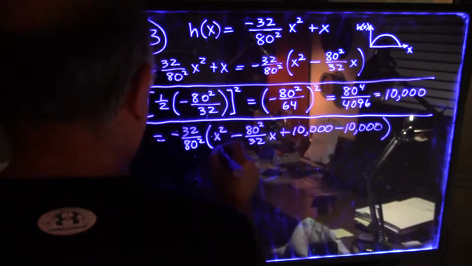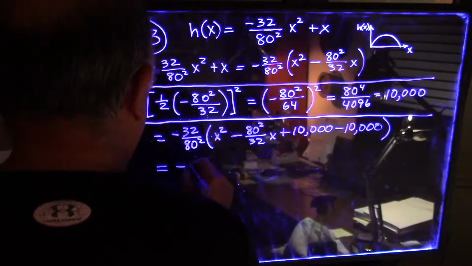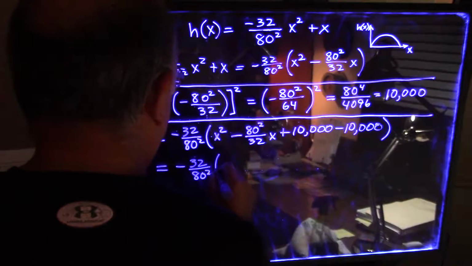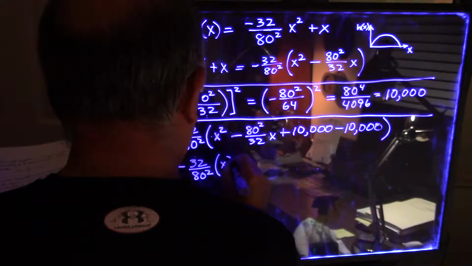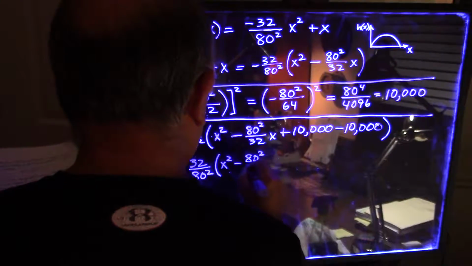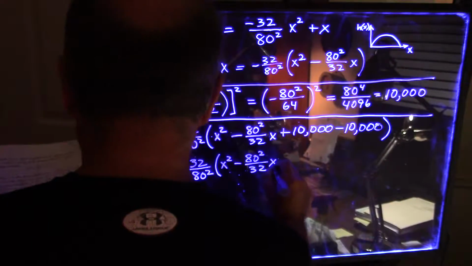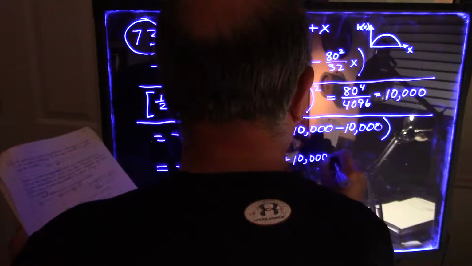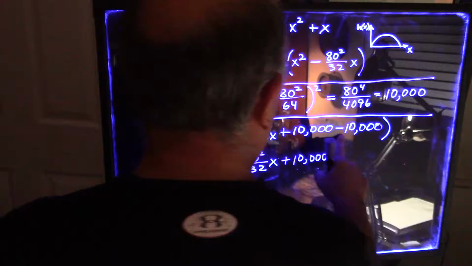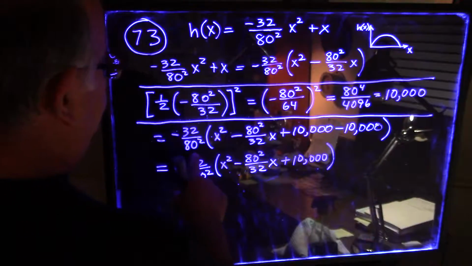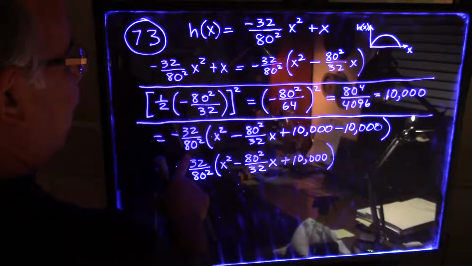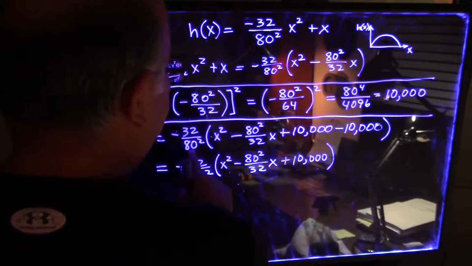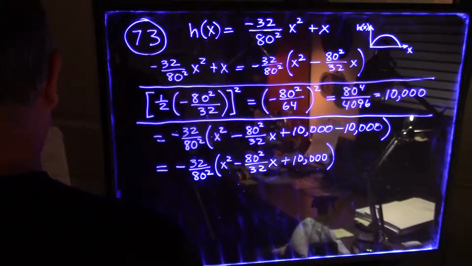Now you take that minus 10,000 out of the parentheses, but first you have to multiply it by the negative 32 over 80 squared. It also works out very nicely. When you multiply this times that, you end up with a plus 50.